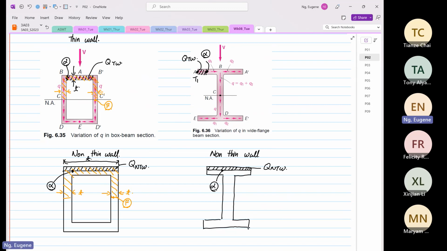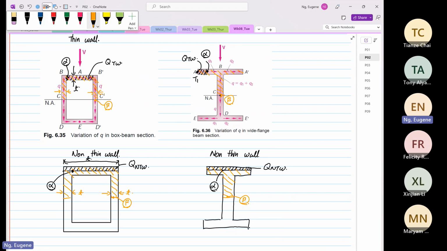However, there are also some similarities. If we were to find our point beta, which is at the centroid, and beta is also at the centroid over here, then the first moment of area we take is this entire first moment of area, likewise over here, to find beta.